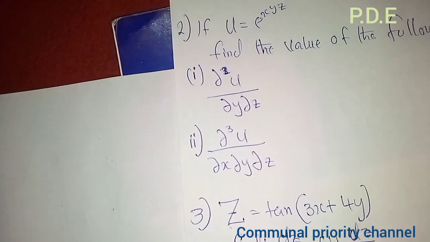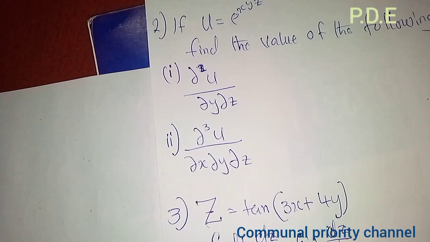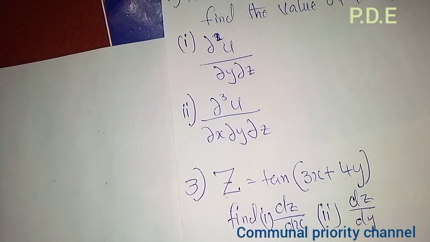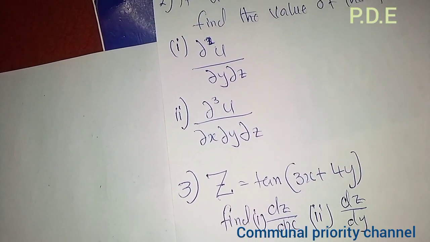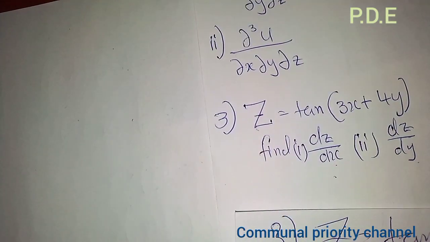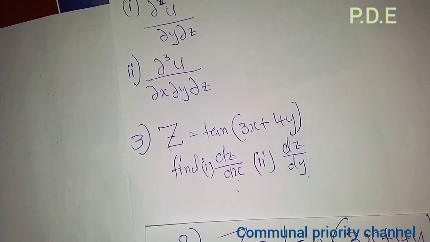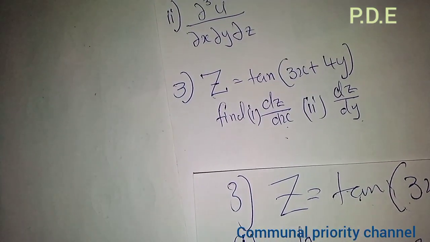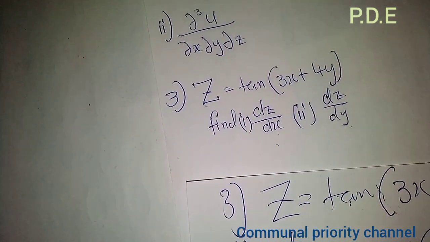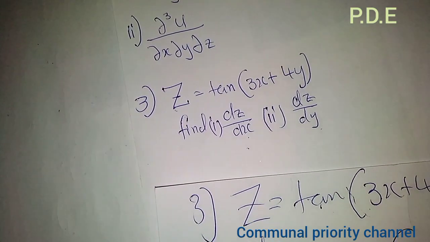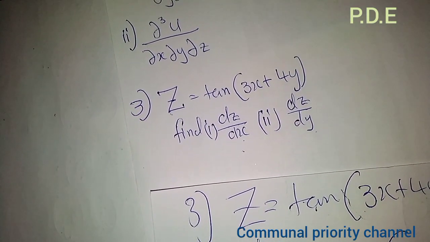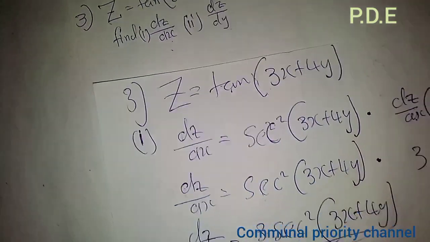Number 1, del square u over del y del z. Number 2, del cube u over del x, del y, and del z. And number 3, if z is equal to tan(3x + 4y), find the differentiation of z in respect to x, and the differentiation of z in respect to y, which we solved just now in the example.